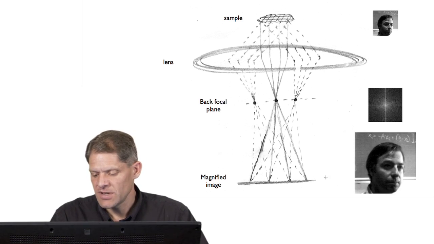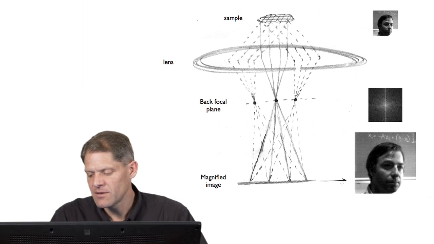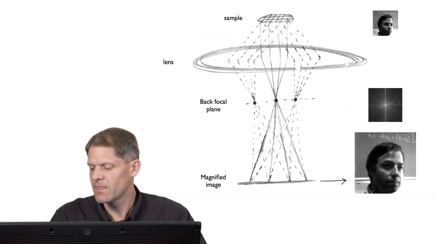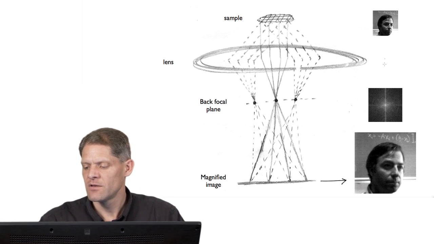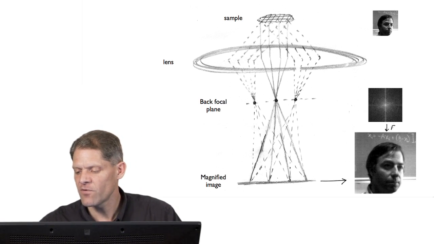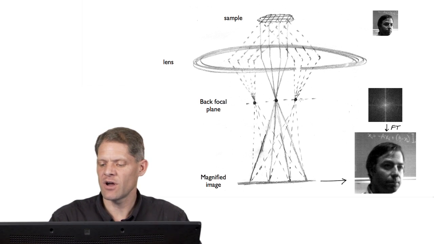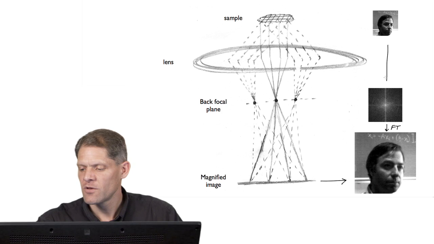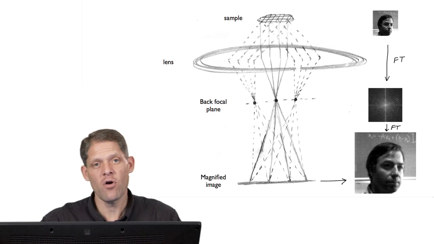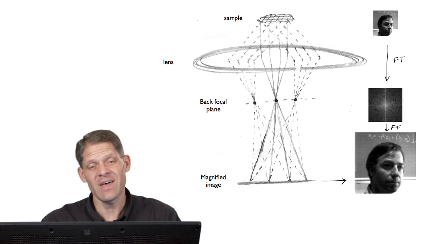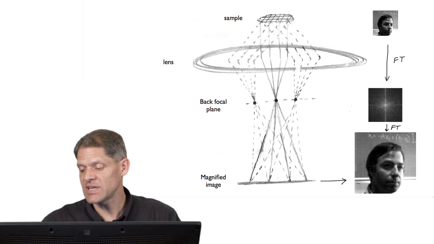And the wave function that exists on the image plane behind the objective lens is a representation of the density of the original object, only magnified. So this, again, is a Fourier transform of the wave function on the back focal plane. So in a microscope, a Fourier transform of the original image is present on the back focal plane. And a Fourier transform of that, which is of course a representation of the original function, is present on the image plane.